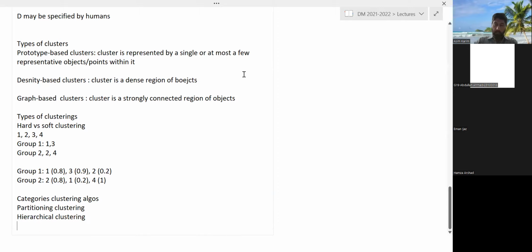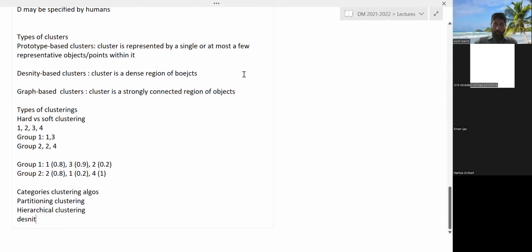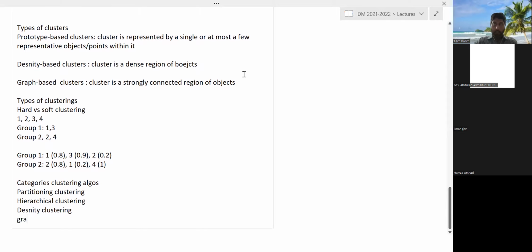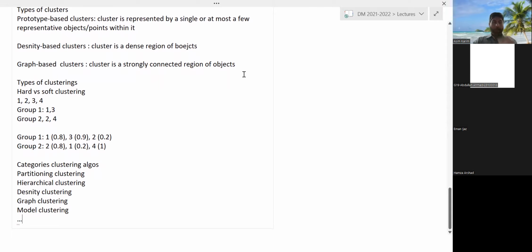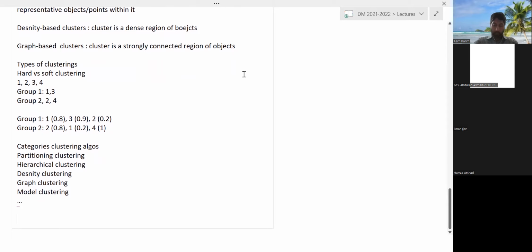There might be others as well, for example, density clustering, graph clustering and model clustering, and so on. But the most common and the two main categories are partitioning clustering and hierarchical clustering. So we will discuss their characteristics as we move forward.